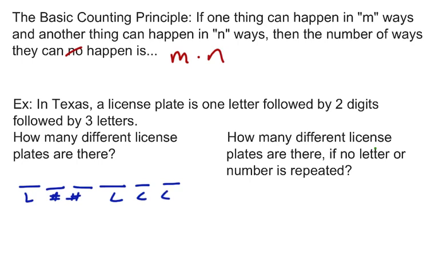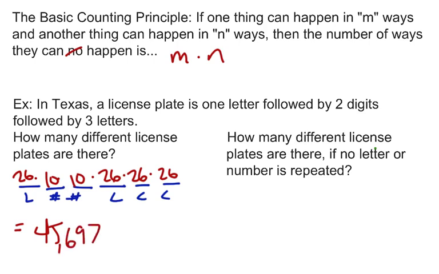So, using our basic counting principle, we could pick any of the 26 letters first, then any of the 10 digits, 10 digits, 26 letters, 26 letters, 26 letters. We're going to take all these numbers and multiply them together. So real quickly, multiplying that in my head, carry the 1, and we get 45,697,600 different license plates.